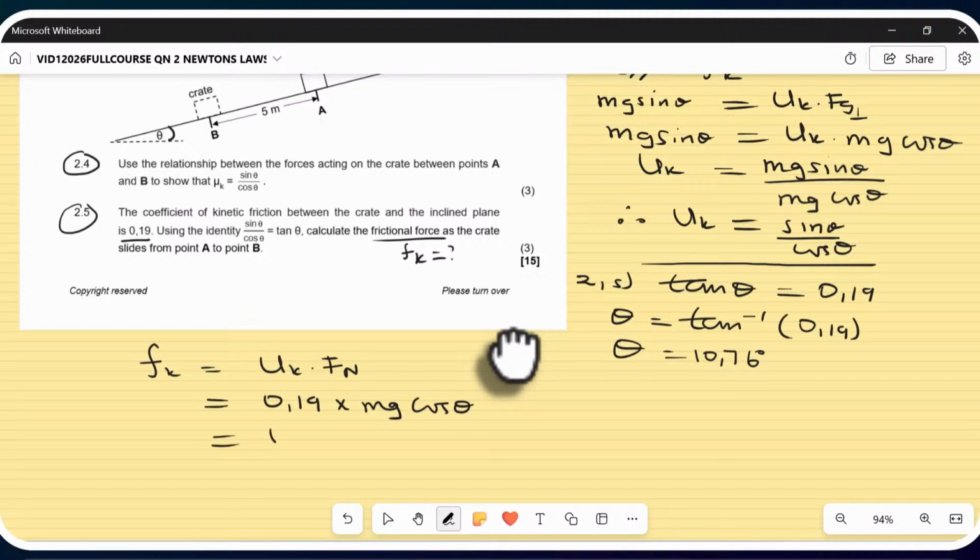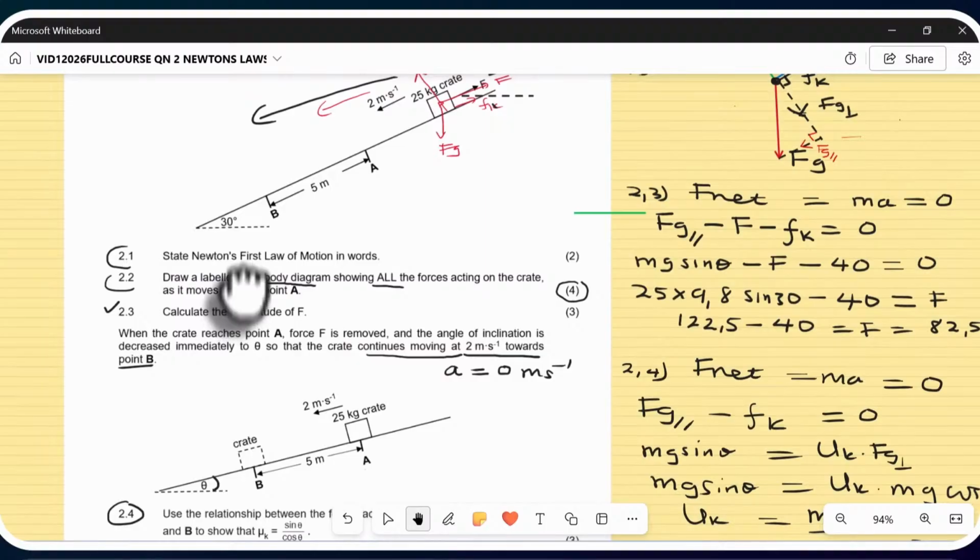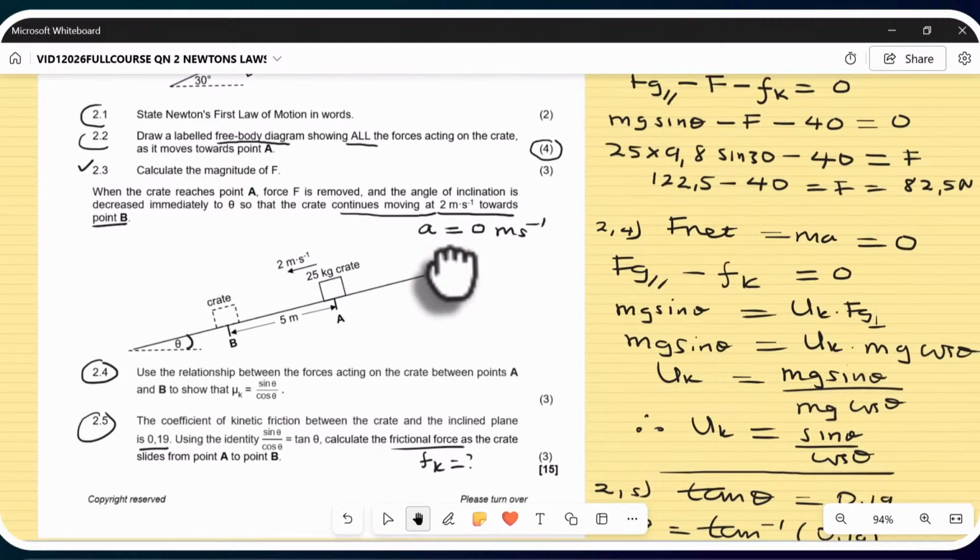So I put 25 here, times 9.8, and then the cos of theta, which we know is 10.76 degrees.